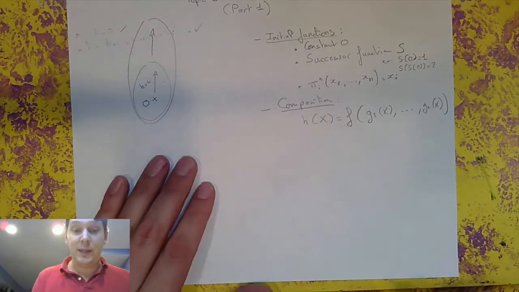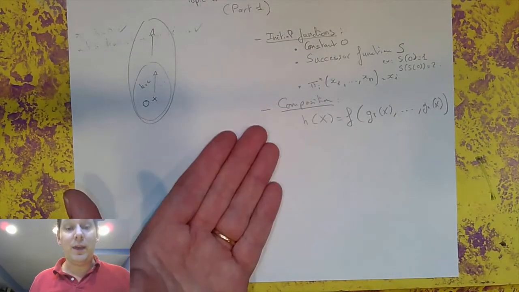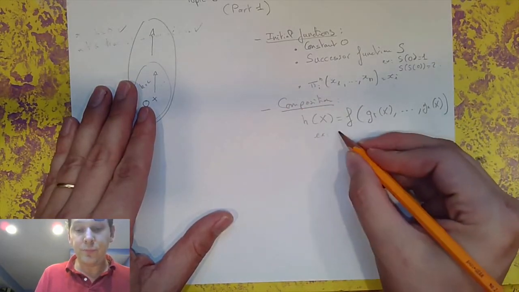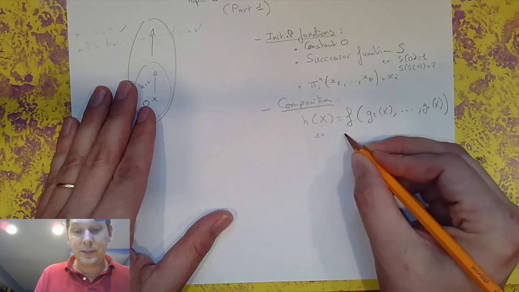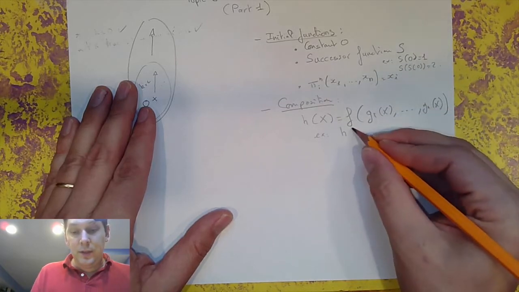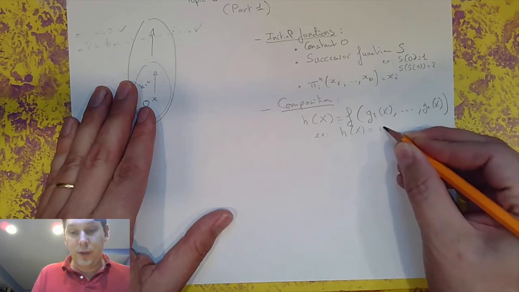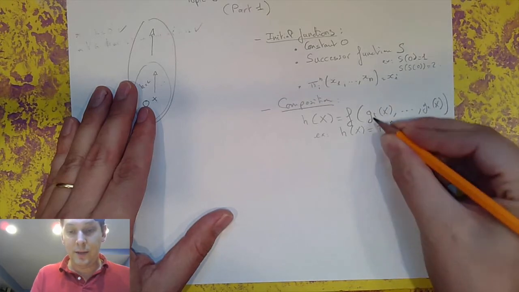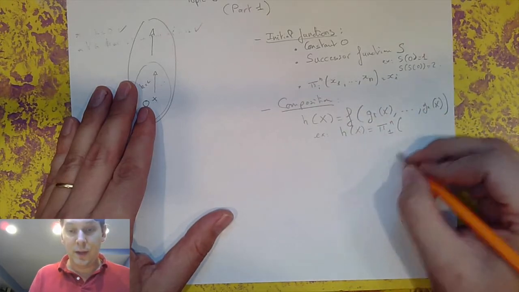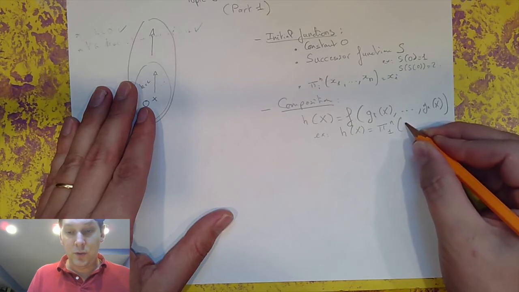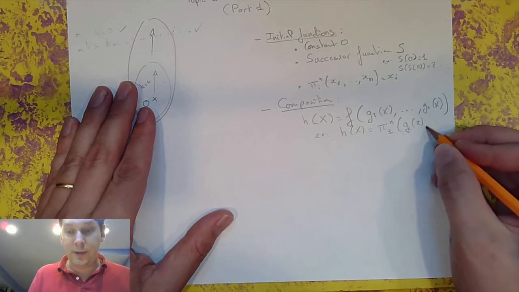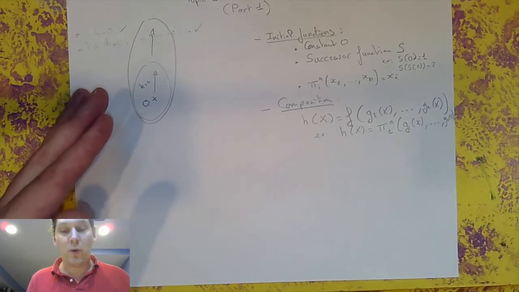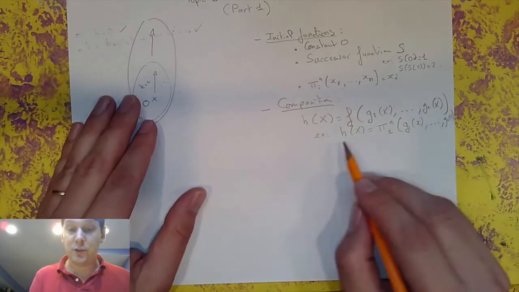So from what I have here, I can see that, for example, I'm going to try to build an example. If I call it h of x equals P_1^n of g1 of x, that is therefore a valid recursive function, because I'm following this rule.